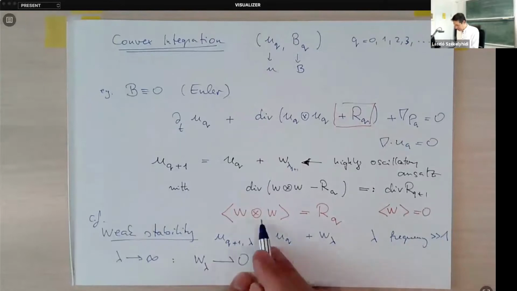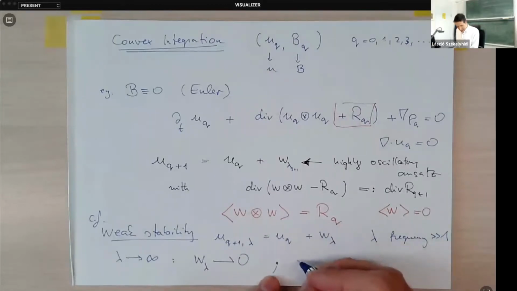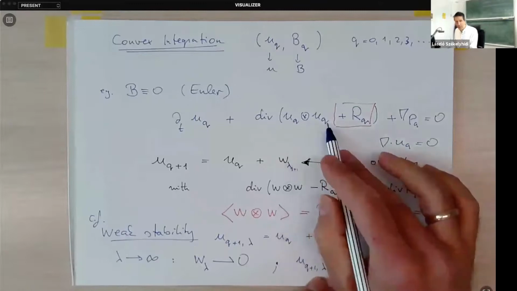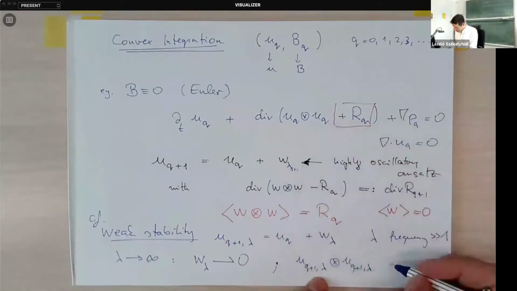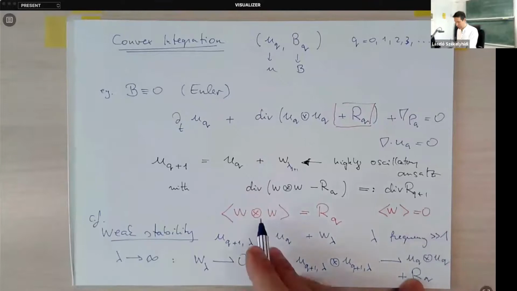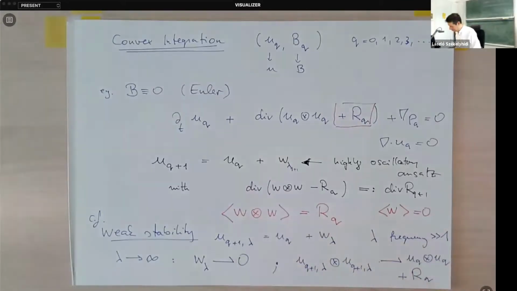And because of this other information, the weak limit of this product, which is the product appearing in the equations, the weak limit will be U_q tensor U_q plus R_q, because it will be the average. Okay, that's a standard lemma used in homogenization as well.